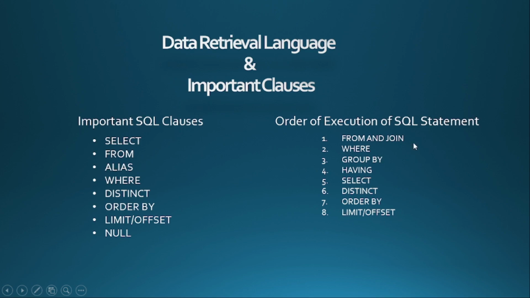It depends on the database, but mostly it will be this order. From and join we will discuss in later sessions, group by also in later sessions. So this is how the order of execution will process: from and join, where clause, group by, having, select, distinct, order by, limit or offset.